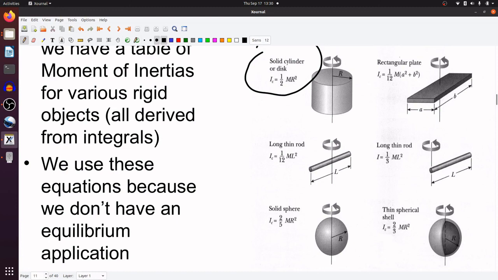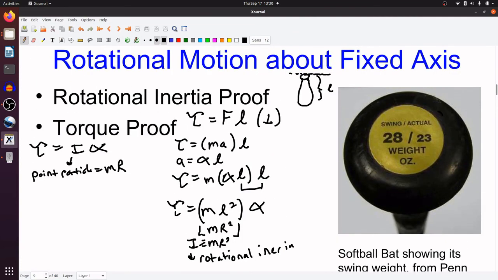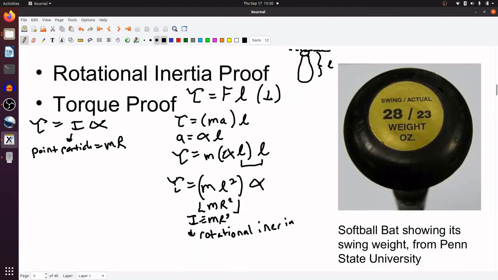How it rotates with the long thin rod will actually change its rotational inertia, which then will change how it actually rotates. And then solid and thin spherical shells are also a little bit different. Anyways, I jumped ahead a bit. But rotational inertia is essentially something that you use to say how things are rotating.